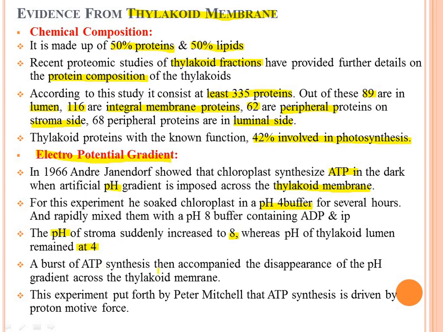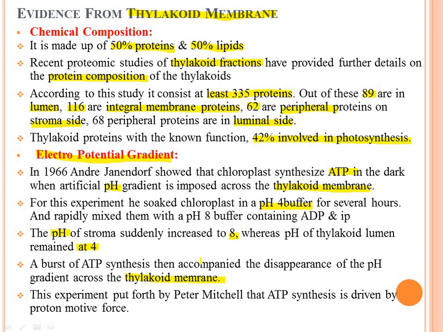A burst of ATP synthesis was accompanied by the disappearance of the pH gradient across the thylakoid membrane. According to this experiment, when chloroplasts soaked in pH 4 buffer were rapidly mixed with pH 8 buffer containing ADP and inorganic phosphate, changes were seen in the lumen as well as the stroma.